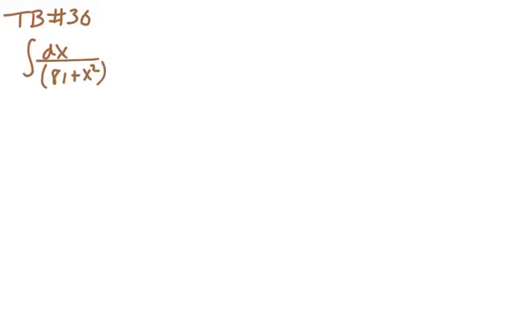Time for another example. The integral of dx over (81 plus x squared) squared is textbook problem 30. And we've got the sum of two perfect squares, so I'm going to use the trig substitution x equals a tangent theta, where a squared plus x squared is equal to 9 squared.